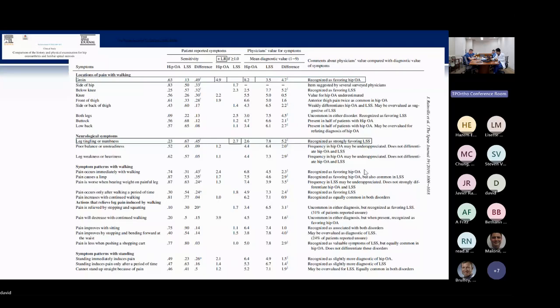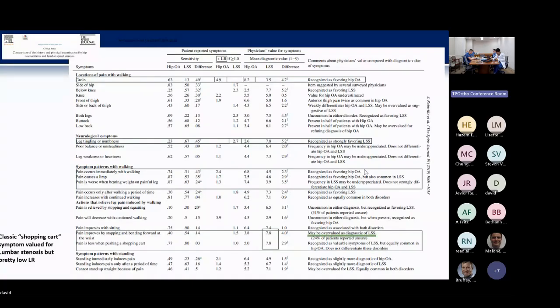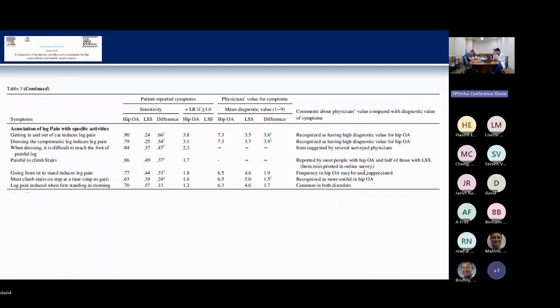And then some of these other common symptoms we ask about, like pain with walking or bending forward, a shopping cart relieving the pain, were a little bit less commonly reported than we maybe expect from the patient side. So less reliable indicators, less specific. So maybe a little overvalued for diagnosing lumbar stenosis. Getting in and out of the car, interestingly, was one that was highly associated with hip pain.